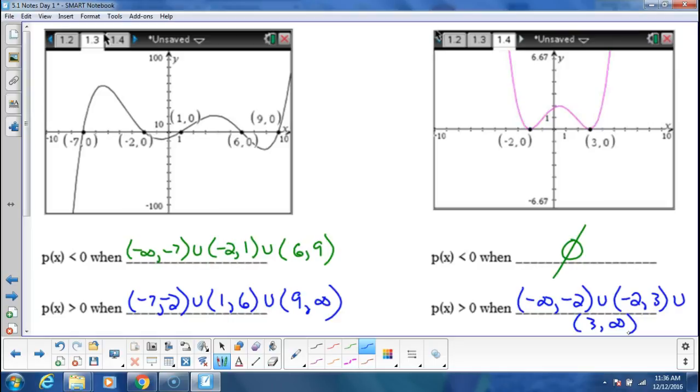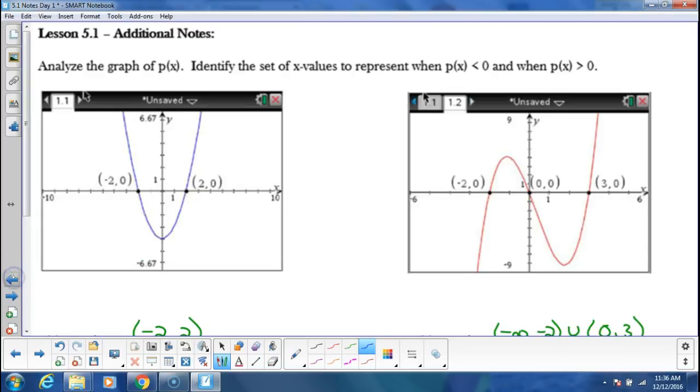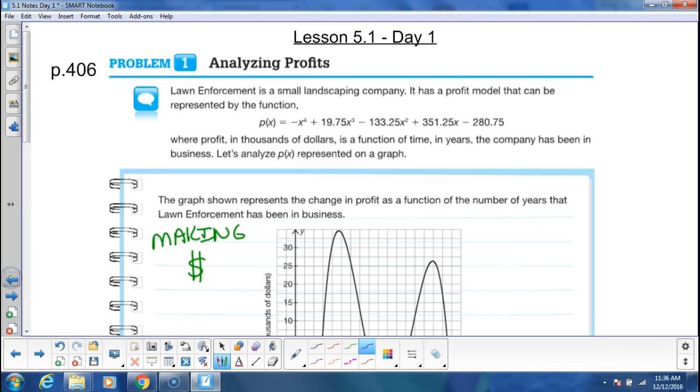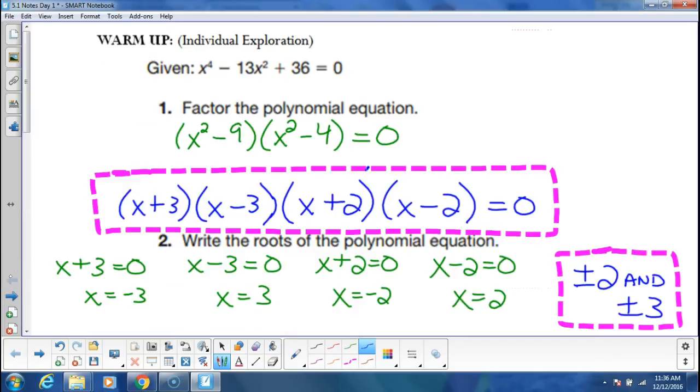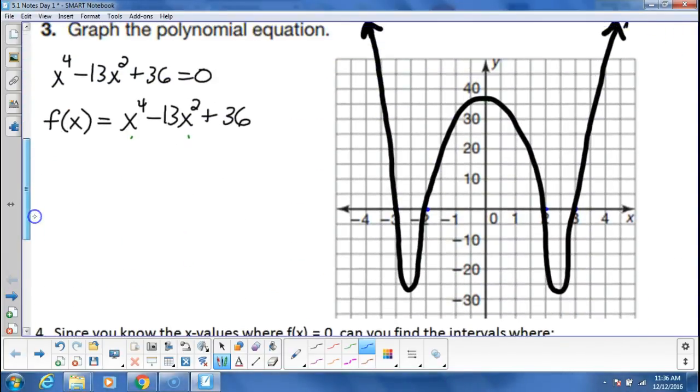Okay? Just wait. Don't be rude. Your homework tonight, which is due tomorrow, is simply doing more problems like this.